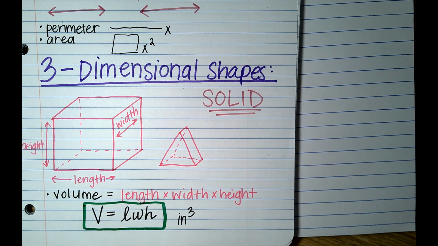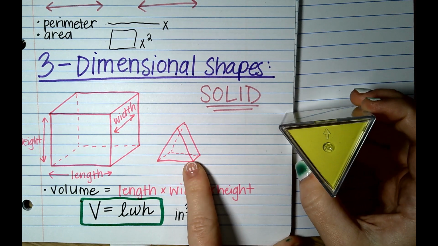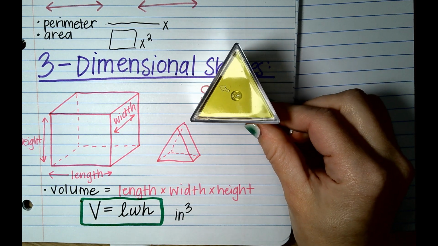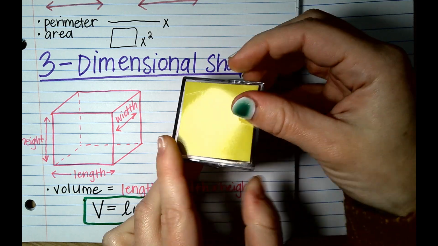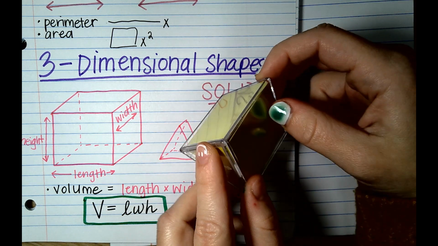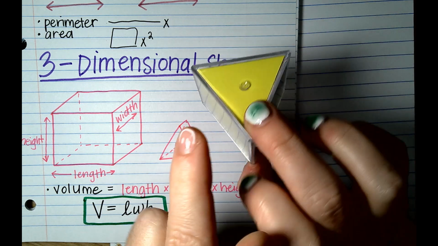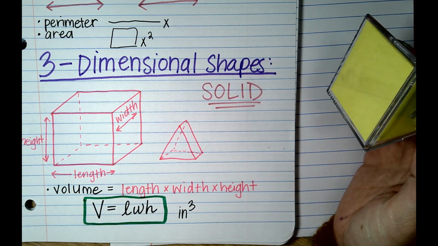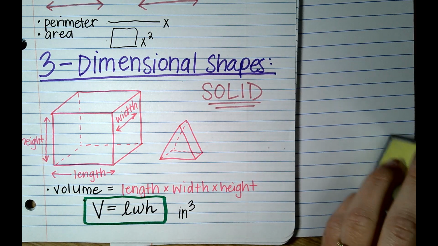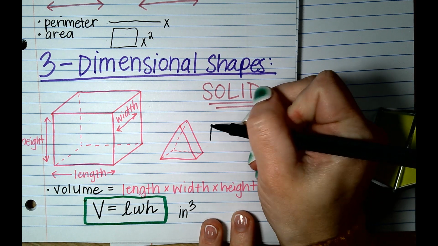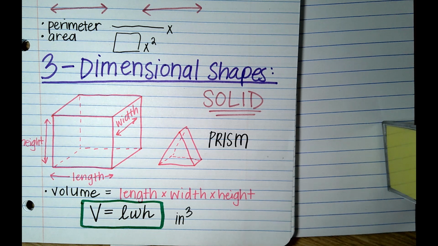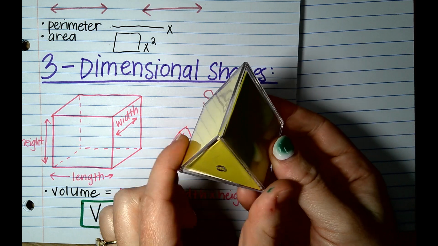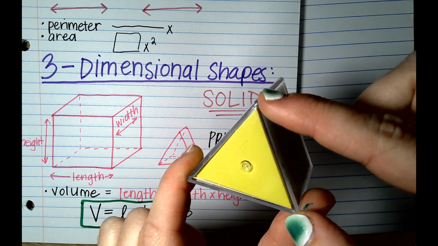But you'll notice with different kinds of 3D shapes, for example, we have this triangle one. All we did to extend that is add these square rectangular pieces to the side of two triangles. You can do that with any shape, and it becomes what we call a prism. A prism is basically just when you take a shape and you double it.